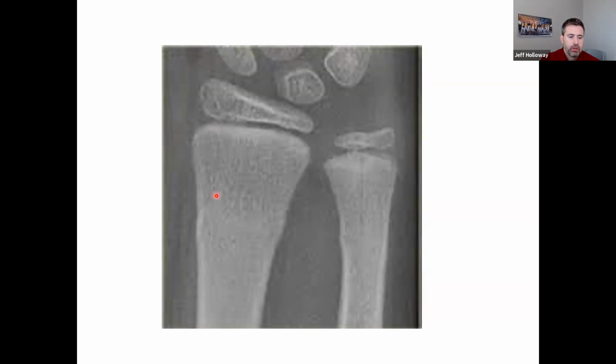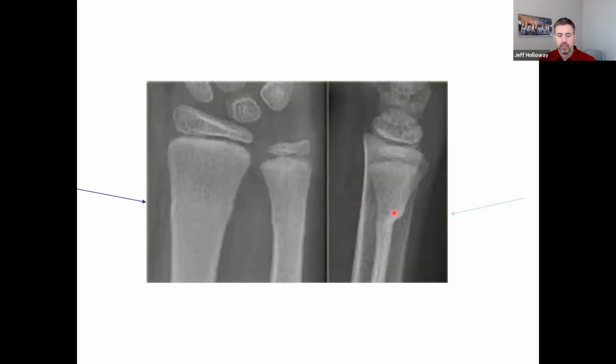I don't know if anyone can appreciate right here, when someone brought up buckle fracture, which is exactly right. So in your mind, knowing buckle fracture is a possibility, on this view you could see a little bit of buckling. And then on this other view, you see this big buckle right there, right? So this is a torus or buckle fracture.